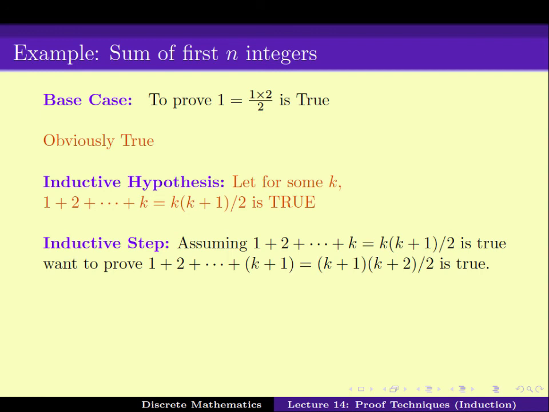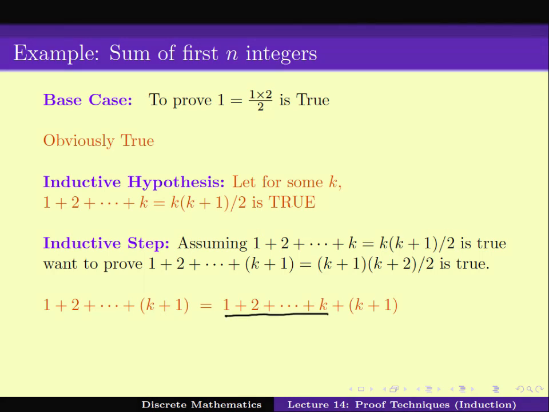Now we have to prove that the sum of the first k plus 1 integers is something. So first of all, note that the sum of the first k plus 1 integers is the sum of the first k integers plus k plus 1. Now by the induction hypothesis, we know that the sum of the first k integers is k into k plus 1 by 2.